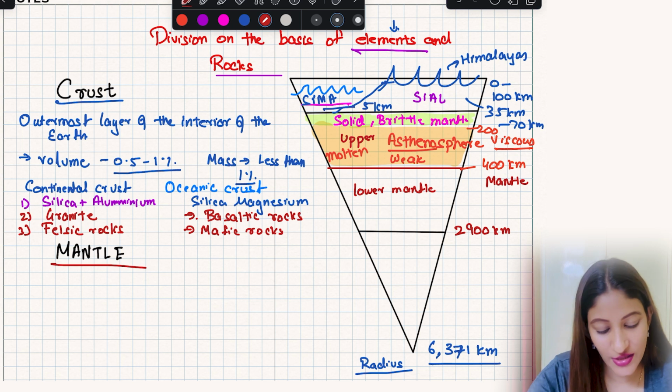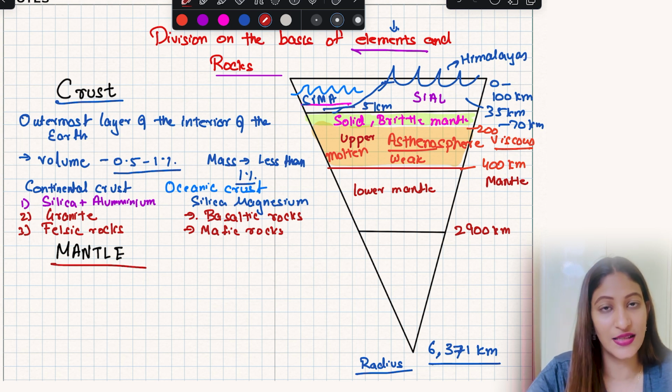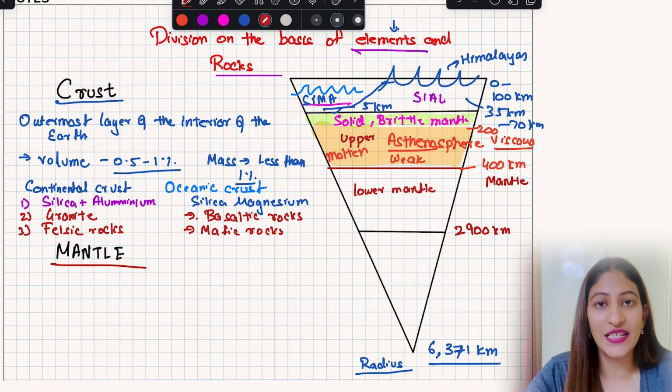Now, asthenosphere is of specific concern because this layer, which is a part of the upper mantle, is made up of molten magma and lava. This layer helps us in understanding how the interior of the earth is made, because the seismic waves which are generated by seismic activities, earthquakes, act very differently over this region.